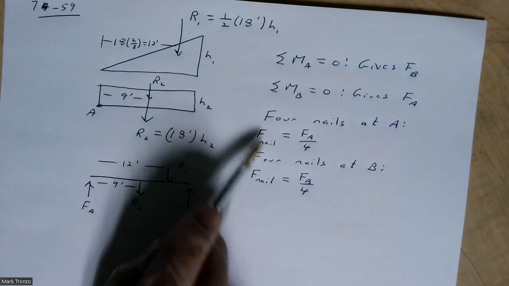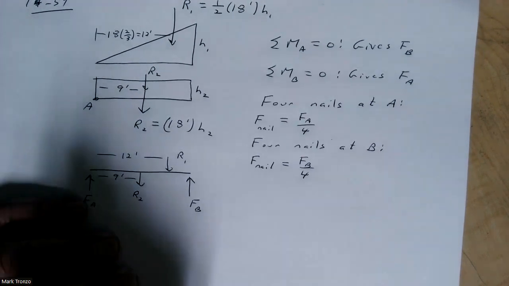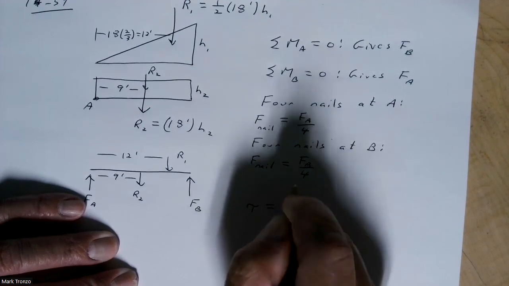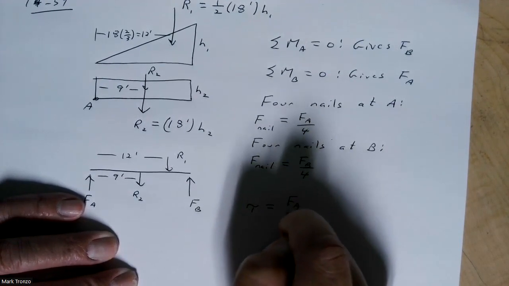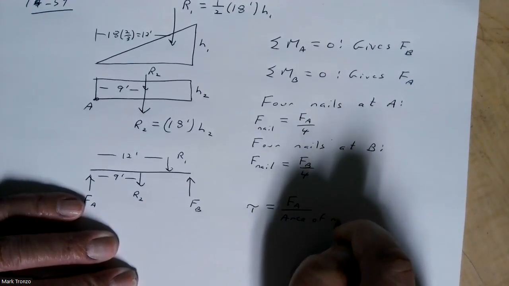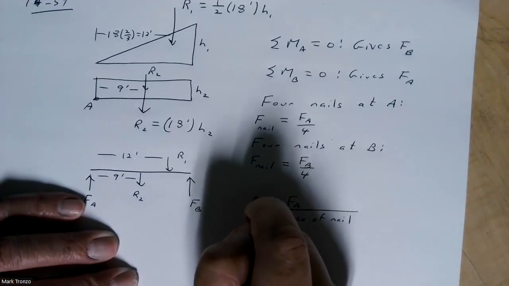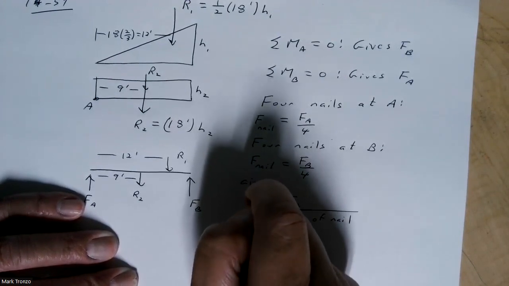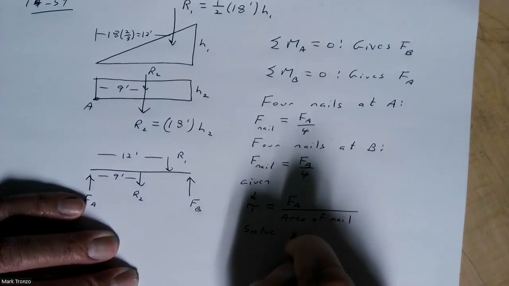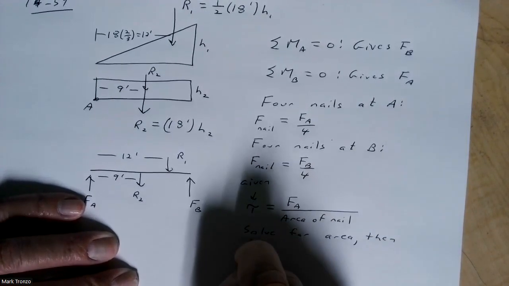And then for each of these, look at A and look at B, and put these into your equation. So use your shear equals, say, your FA divided by the area of the nail. And then you're given this allowable, so you'll be able to solve for area, and then for diameter.